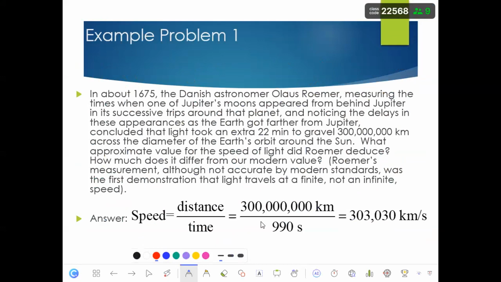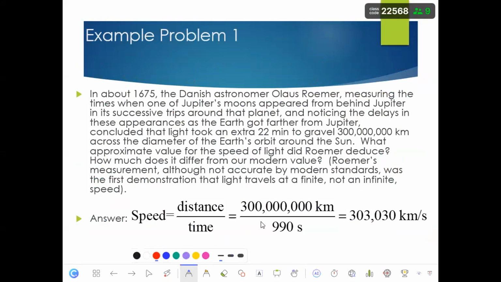The distance was 300 million kilometers, and the time that the light passed from one side to the other was almost 22 minutes, which is 990 seconds. When he did this, he was able to calculate the velocity of light. And he was the first person who calculated the velocity of light.